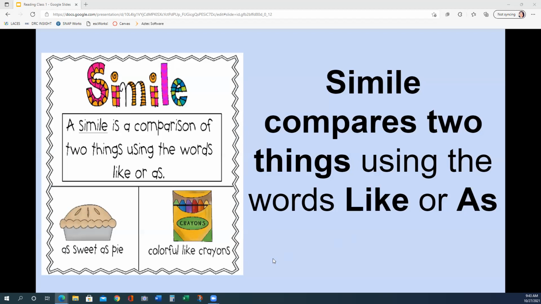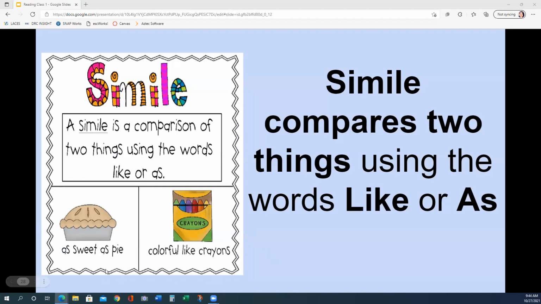We'll talk about similes. So, excuse me, a simile compares two things using words like or as. Okay, so if I say she is as sweet as pie, or his personality is colorful like crayons, those are similes because I'm using the word like or as to compare two things.